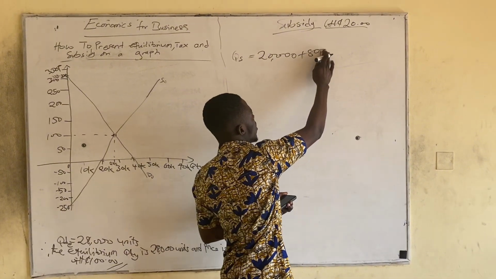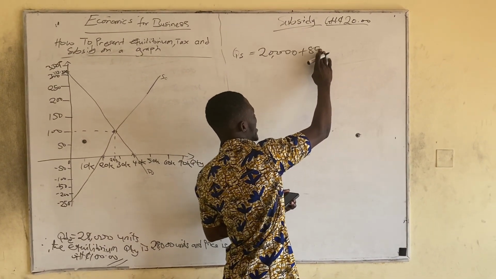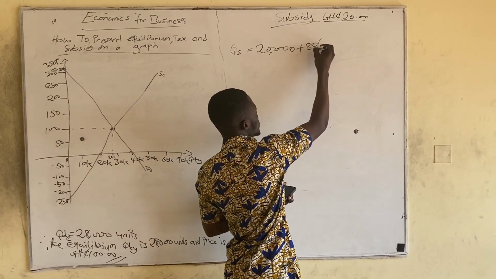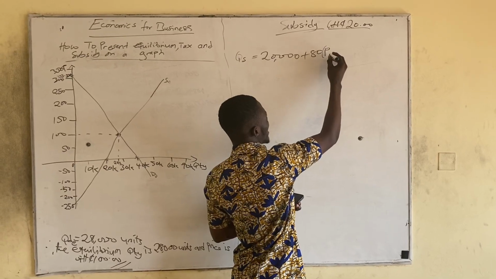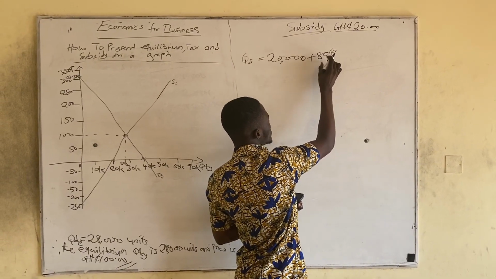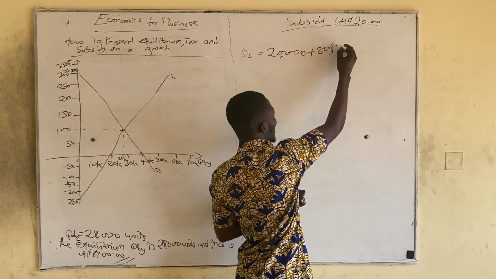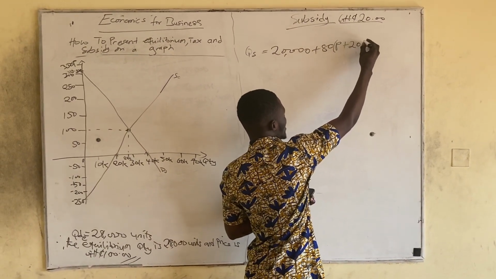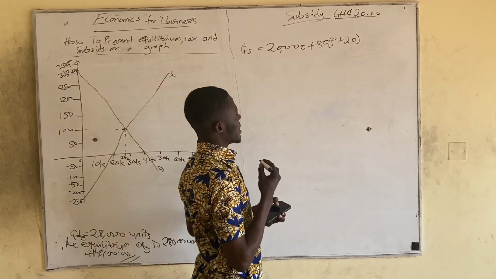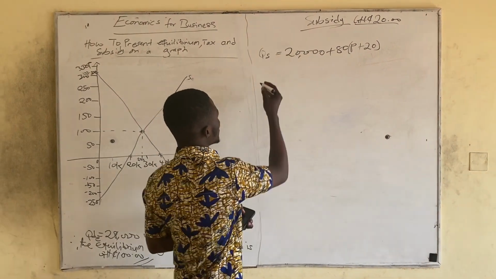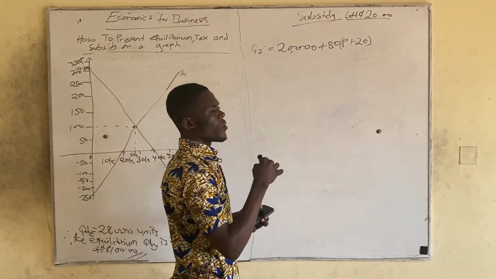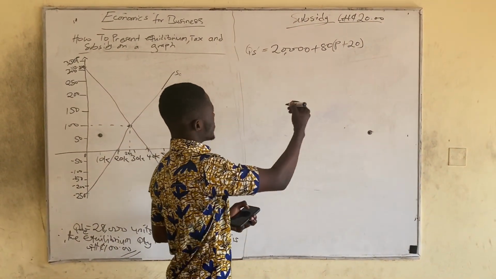So all that you do is that it will affect the price, and you multiply the 80 by your P plus the subsidy. Now let's solve for the new supply curve.